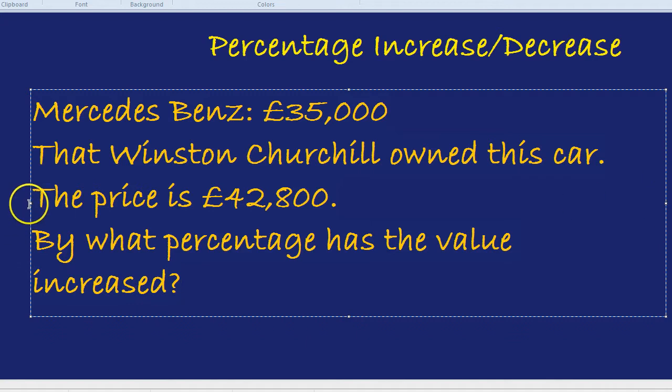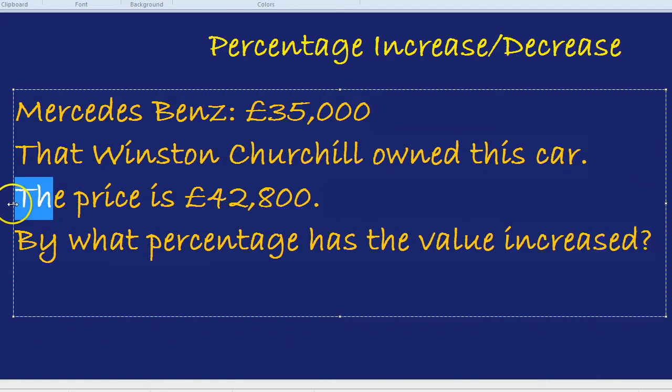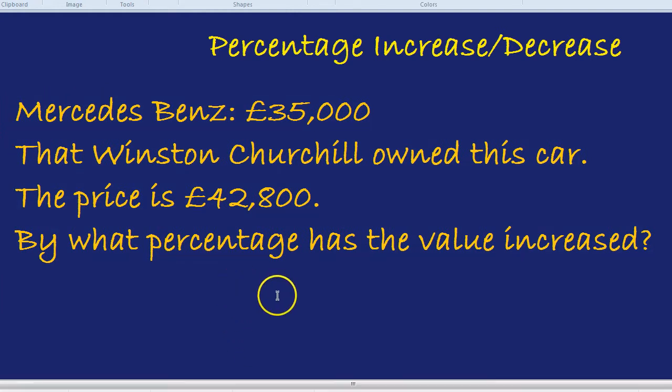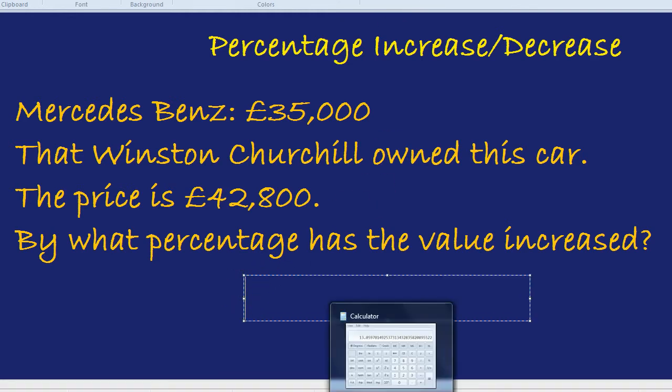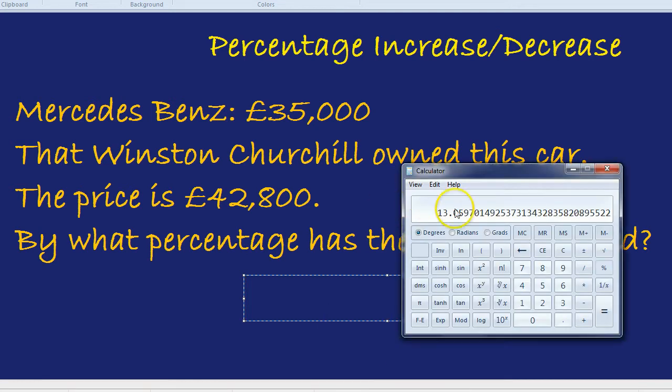Okay, let's try and fit that into one line. There we go. Same thing as last time, the same technique. We need to work out the gap, the difference between what we started with and what we've got, in this case the increase.